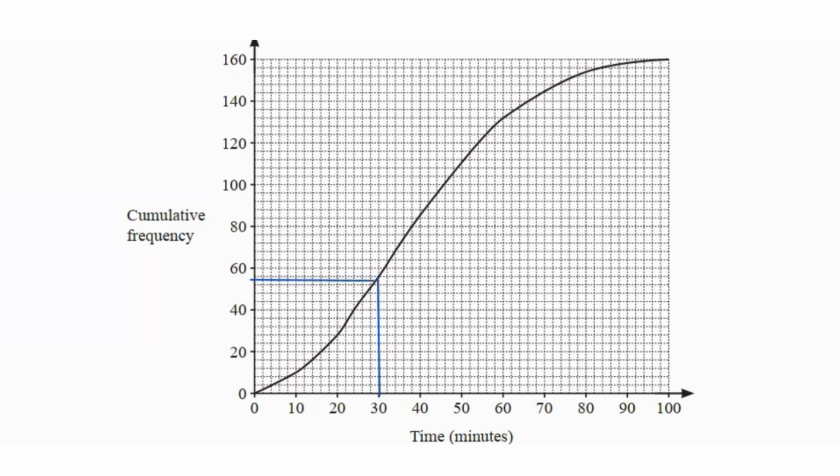So less than 30 is going to be between 20 and 0. There are five boxes. So one box is equal to 4 units. So over here we have 44, 48, 52. So I think it's going to be like between 55 to 57. So I'm going to choose 55 for this. These are the number of people that took less than 30 minutes.